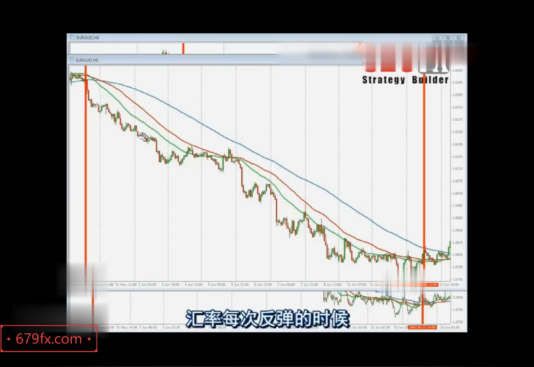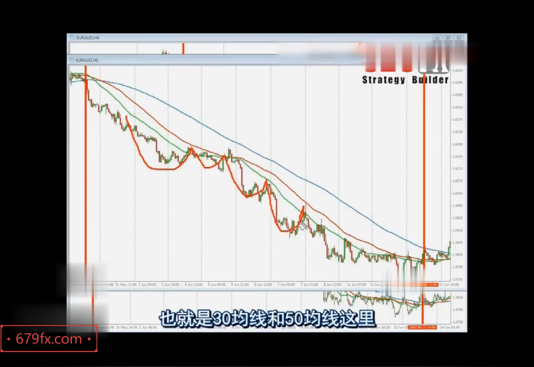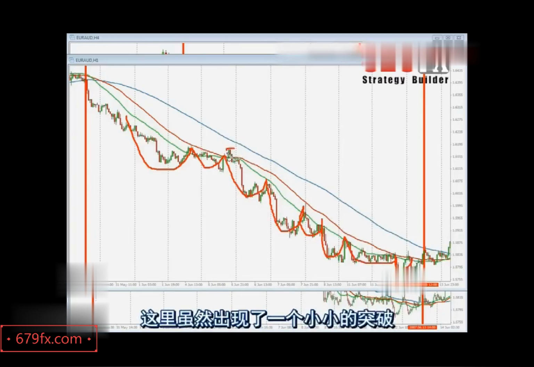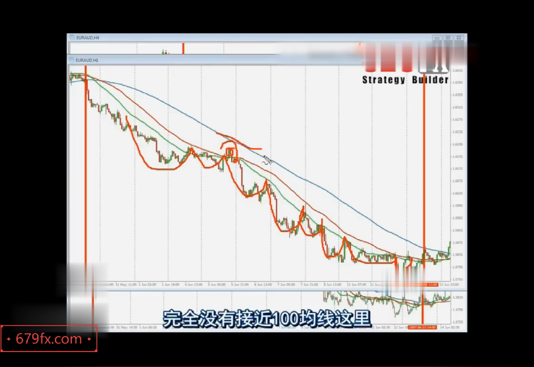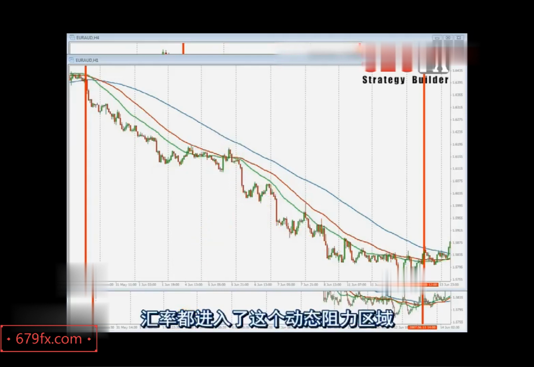Have a look. Every time price swings, the dynamic area, the area between the 30 and the 50 moving average, indeed holds the retracements. Okay, sure, we have a little breach above, but immediately after it goes back down without getting anywhere near the 100. And every time we have a pullback, price hugs the dynamic area of resistance.